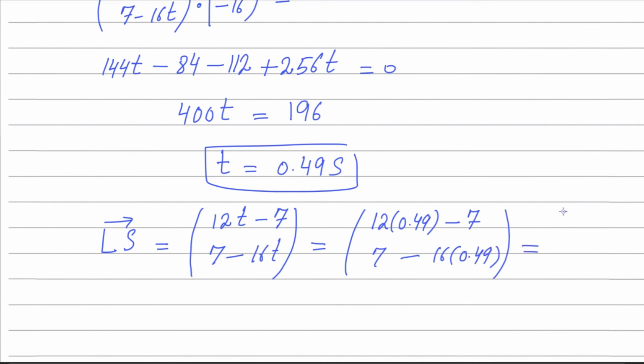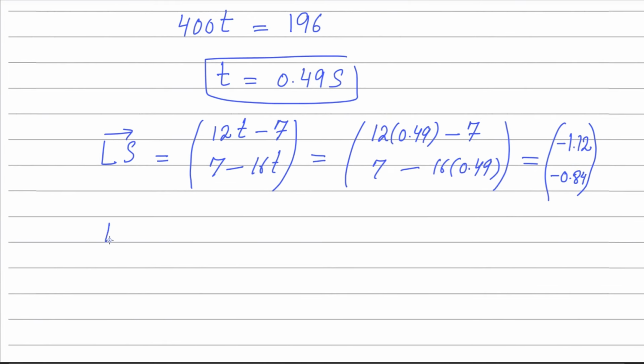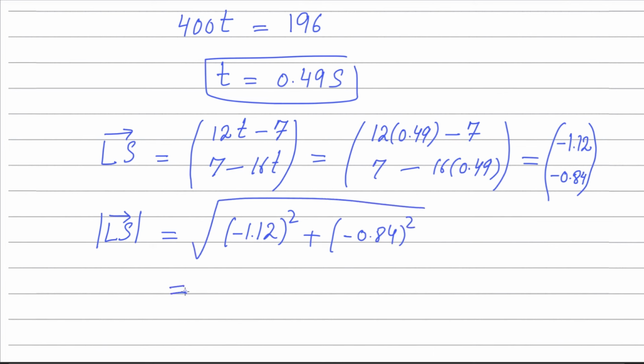This answer is minus 1.12, and the answer of this one is minus 0.84. Now find the magnitude of this displacement. We know the formula: the square root of the coefficient of i squared plus the coefficient of j squared. The answer is 1.4 kilometers.